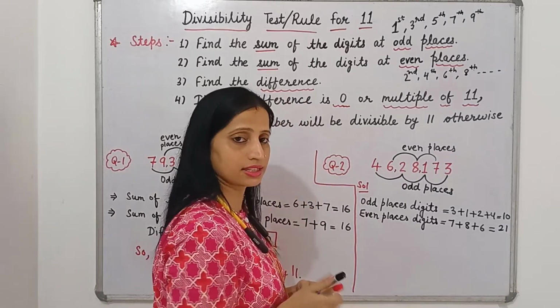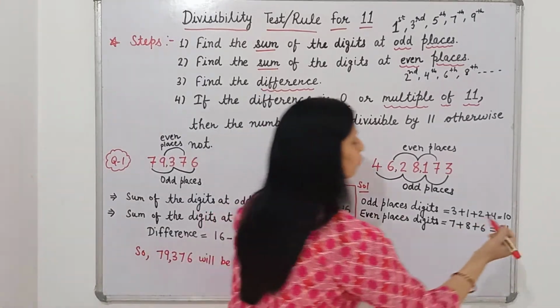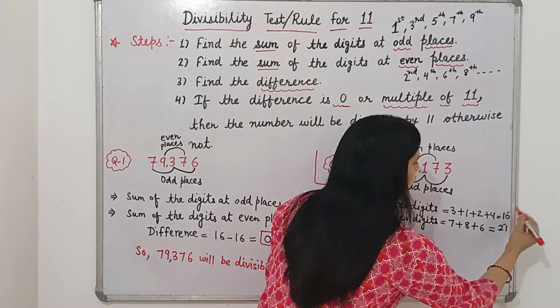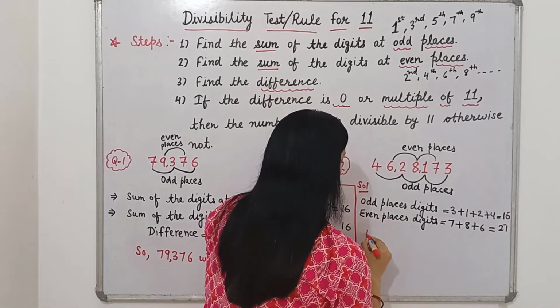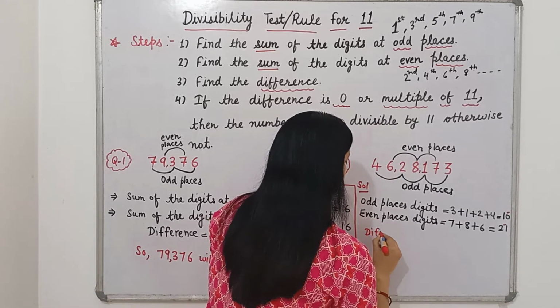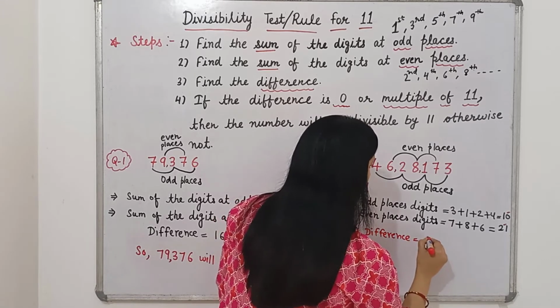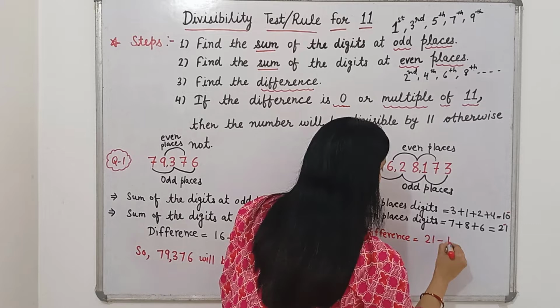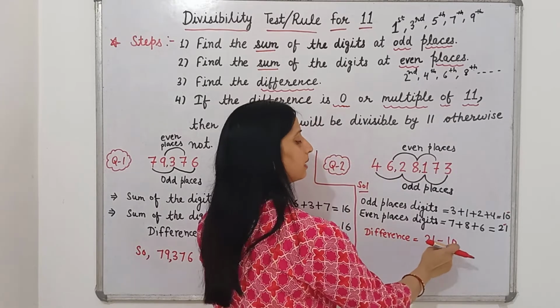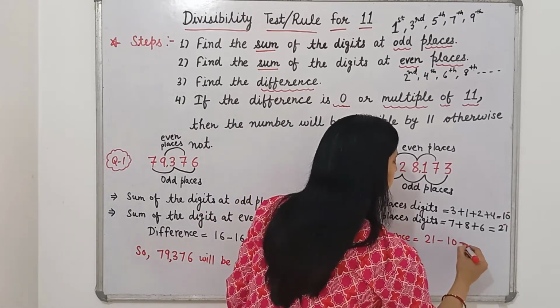Now what is our next step? In our next step we have to find the difference between 21 and 10. So write here difference. It will be 21 minus 10. So 21 minus 10, it is 11.